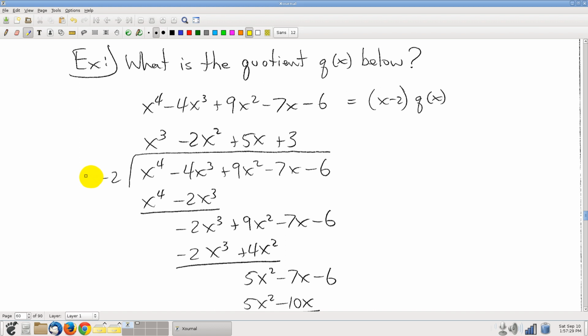How many times does x go into minus 2x cubed? Well, it goes in minus 2x squared times. Okay, then we take minus 2x squared, multiply that by that. That gives me that, which I then subtract.